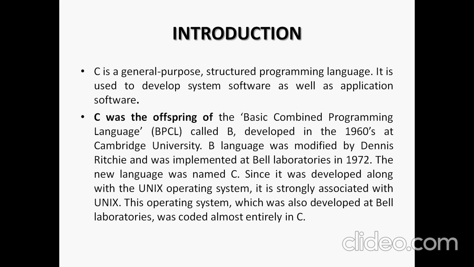Thereafter B language was developed in the 1970s, and Dennis Ritchie modified the B language and implemented the C language in Bell Laboratories in 1972. The new language was named C since it was developed along with the Unix operating system. It is strongly associated with Unix because 93% of the Unix code was implemented in C language.